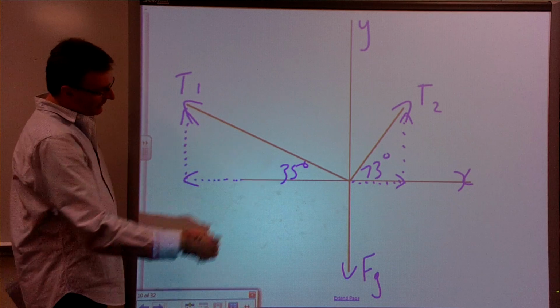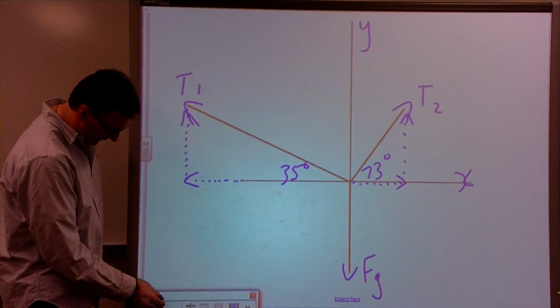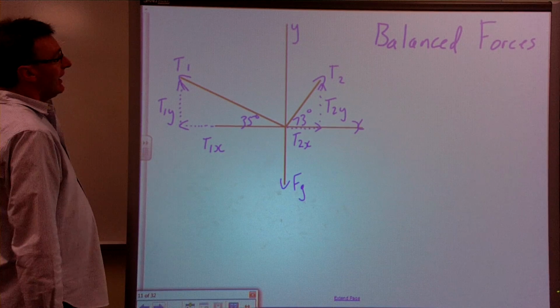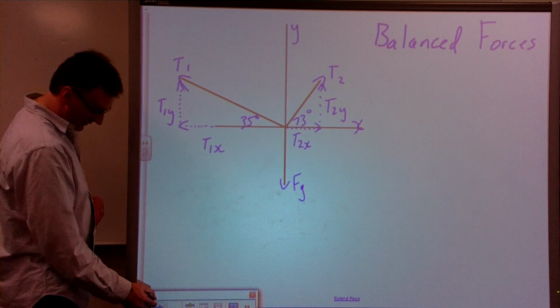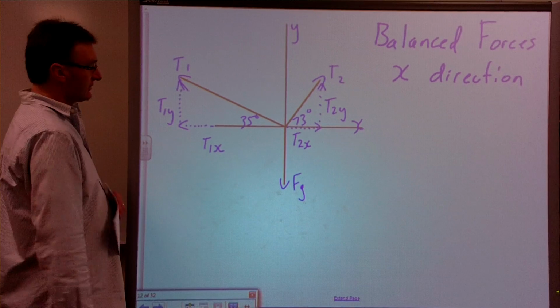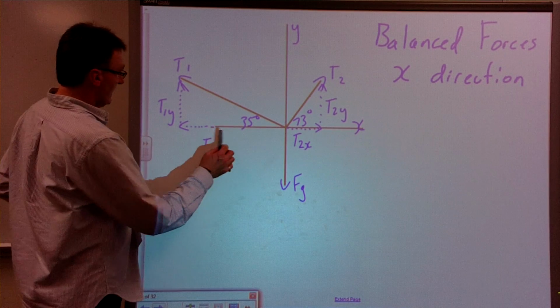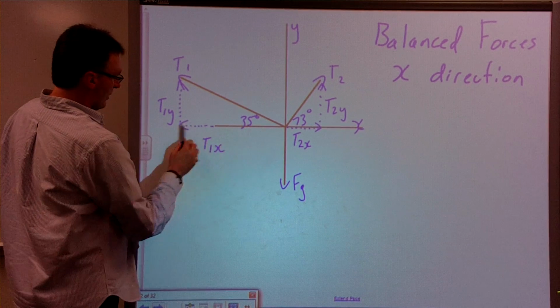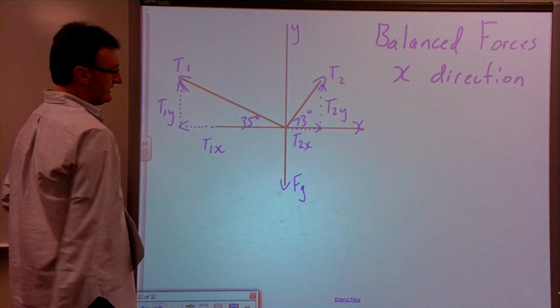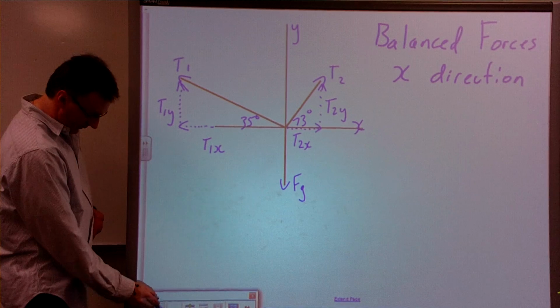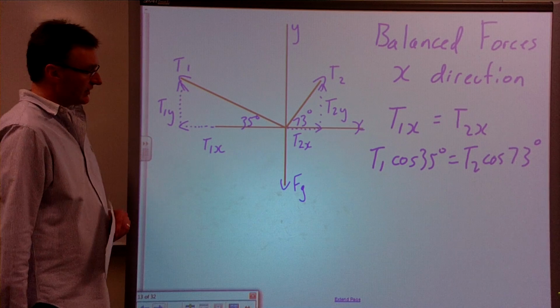Alright, so now we've got our diagram, we've got it workable, now we can set up our equations. So we need balanced force equations both in the x direction and in the y direction. So let's start with the x direction here. So we have one component over here, T1x, and we have another component over here, T2x. And so those need to equal each other.